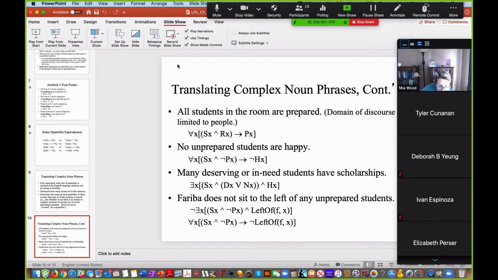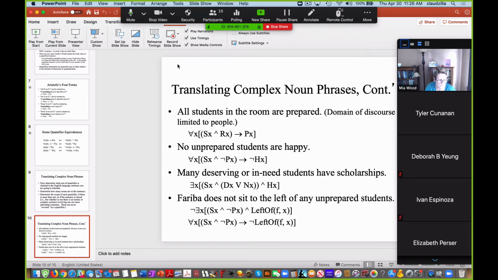Really quickly, can I ask about the third example? It says many students have scholarships. So is that just saying every instead of many? So yeah, Elizabeth, hold on just one second. I apologize. Yes, please ask questions. I want you to ask questions.